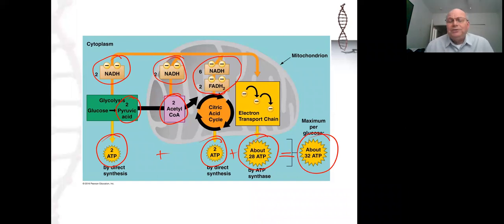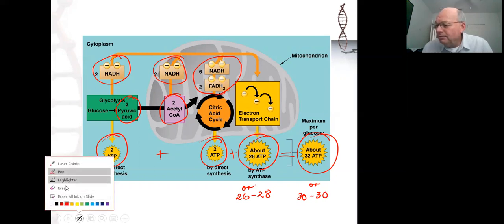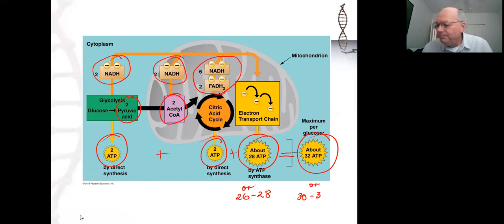Now, in your investigations, you may have come across the fact that in the electron transport chain activity, we sometimes refer to 26 to 28, which means 30 to 32 ATPs. 32, let's put it in correctly here.